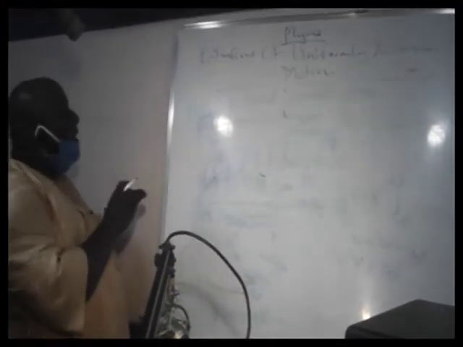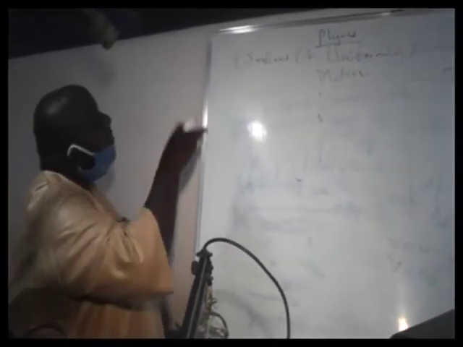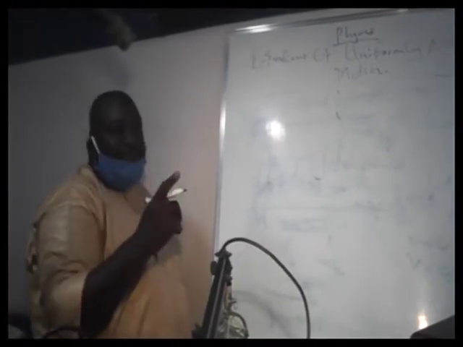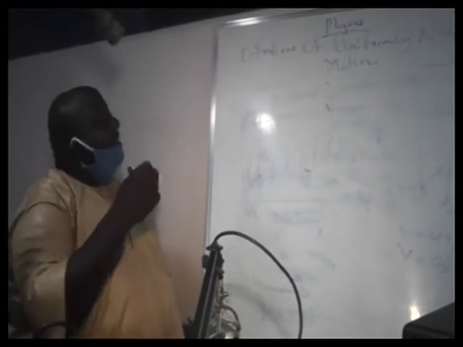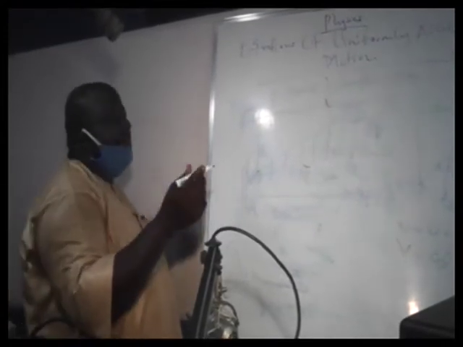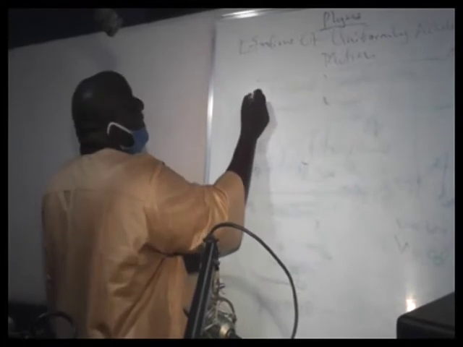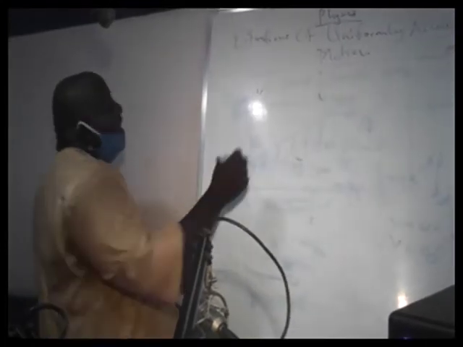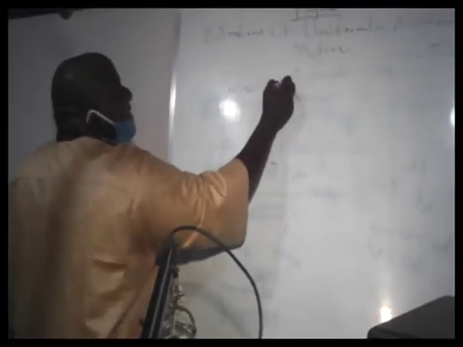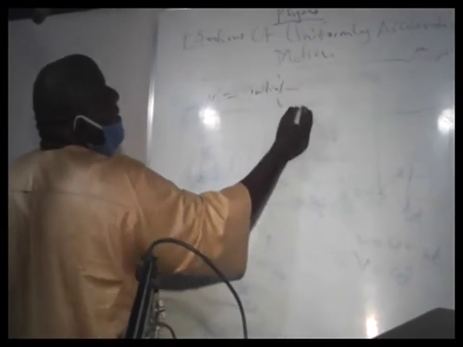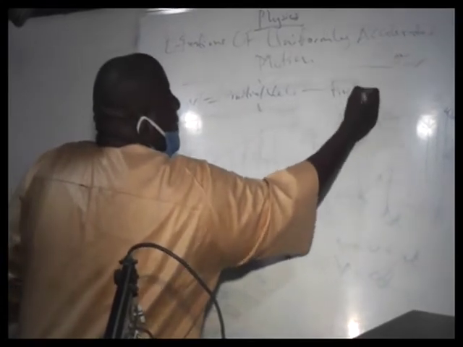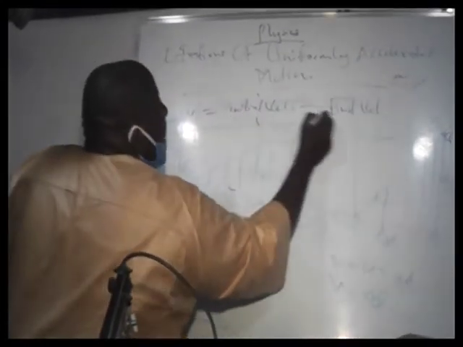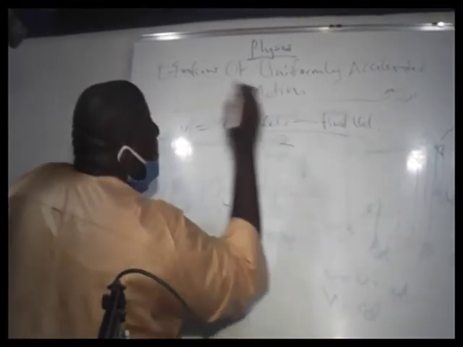Now, the second equation of motion can be achieved when we know our average velocity and the displacement, that's the change in displacement. Average velocity, that is AV, will give us the initial velocity plus the final velocity divided by 2, since we are talking of average.